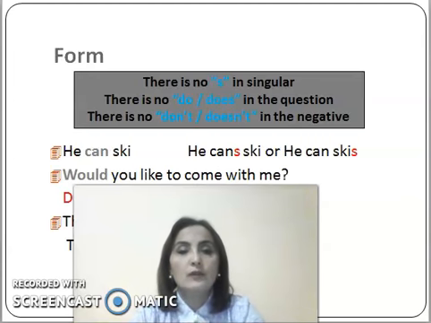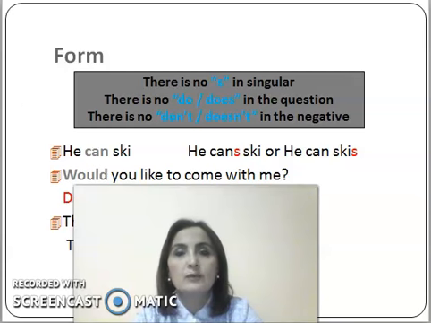If we speak about the form of it, there is no s in the singular. There is no do or does in the questions when we use modals, and there is no don't or doesn't in the negative. For example, he can ski. This is an affirmative sentence.